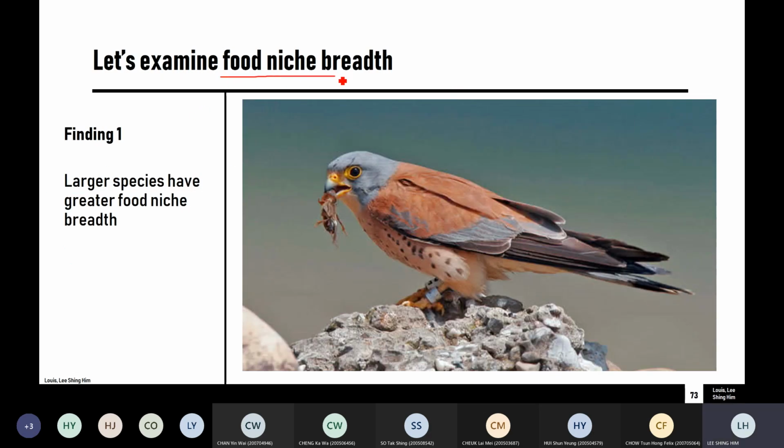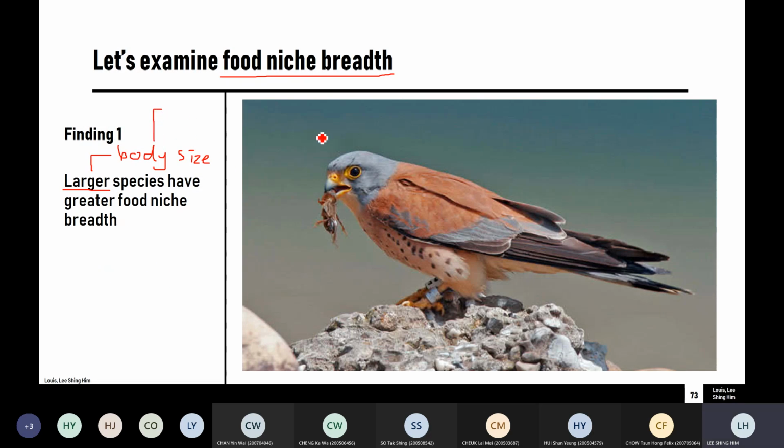And do you remember I mentioned this word, food niche breadth. The researchers found that if a raptor species is larger, then they have a greater food niche breadth. So what do I mean by larger? It means body size. How do we measure body size of a raptor?